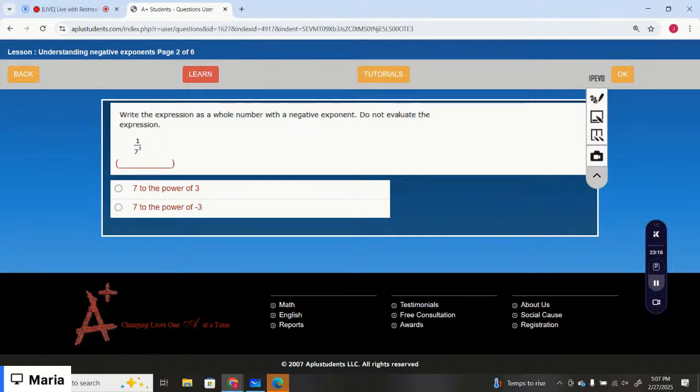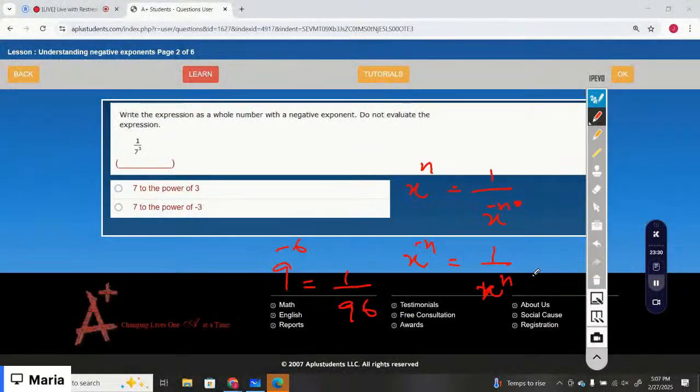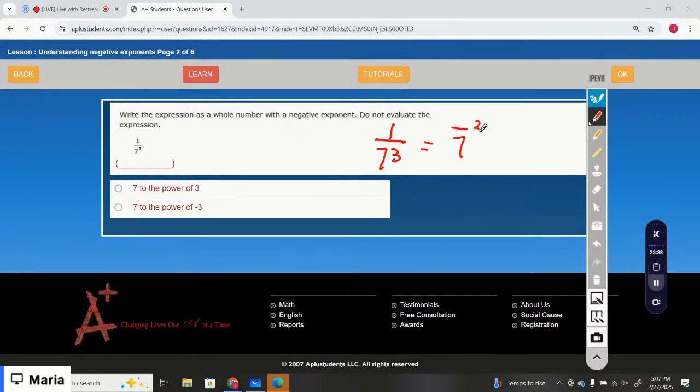Write the expression as a whole number with a negative exponent. Do not evaluate the exponents. So that is 1 divided by 7 cube, that equals 7 exponent negative 3. 7 to the power of negative 3.